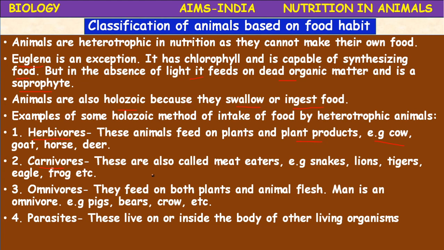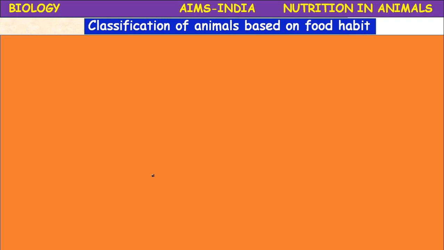A parasite cannot synthesize its own food and depends on other organisms for its food. That organism which provides food to the parasite is called a host. Sometimes these parasites may kill the host also. So let us know more about these parasites.